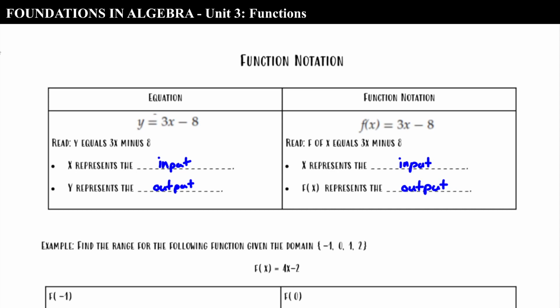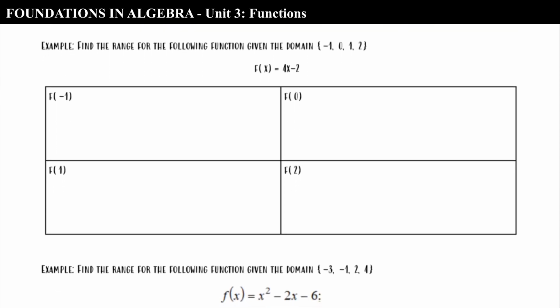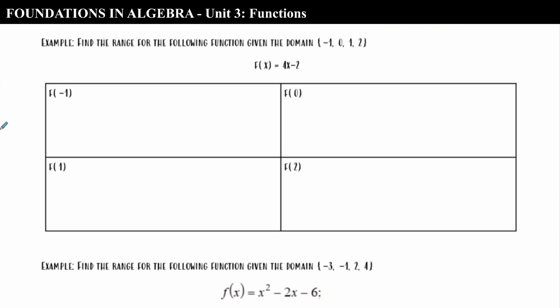So let's do some examples of this. We're going to find the range for the following function given the domain -1, 0, 1, and 2. So we'll do this by finding out what f of x is for each one of these. So f of -1 is 4 times -1 minus 2.